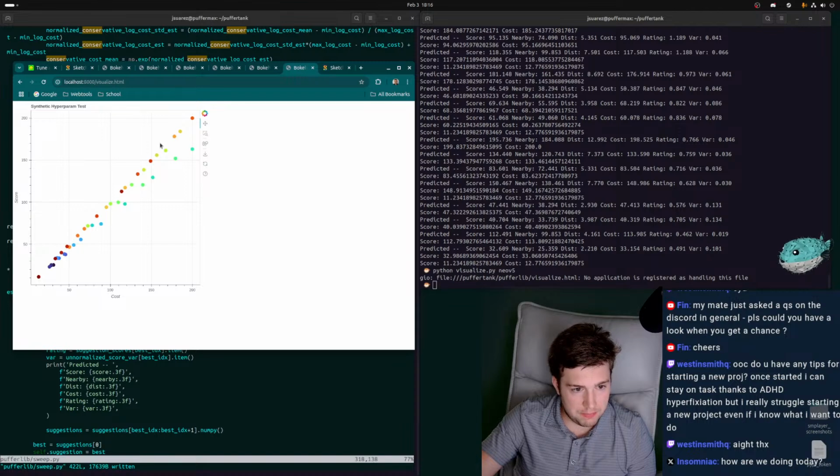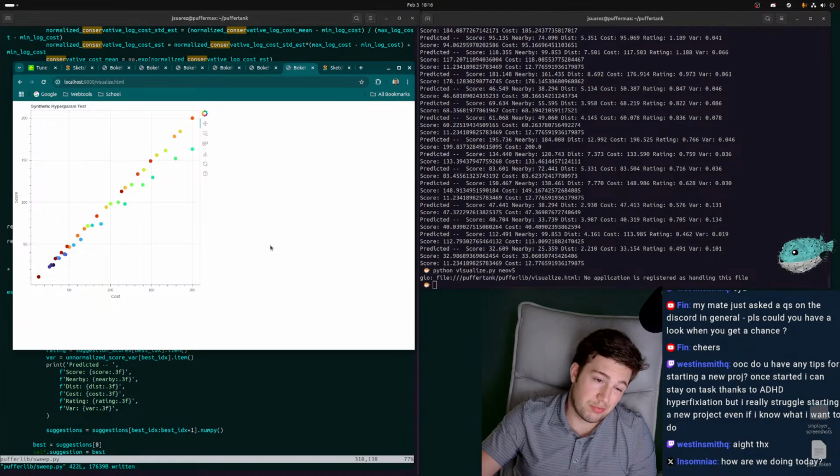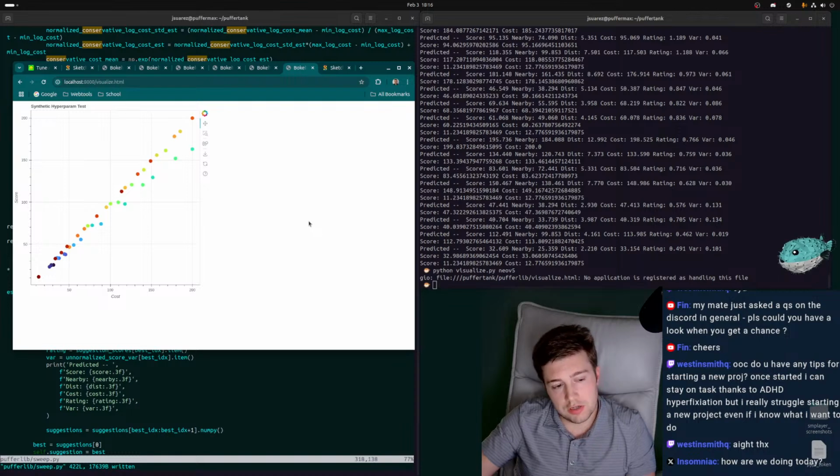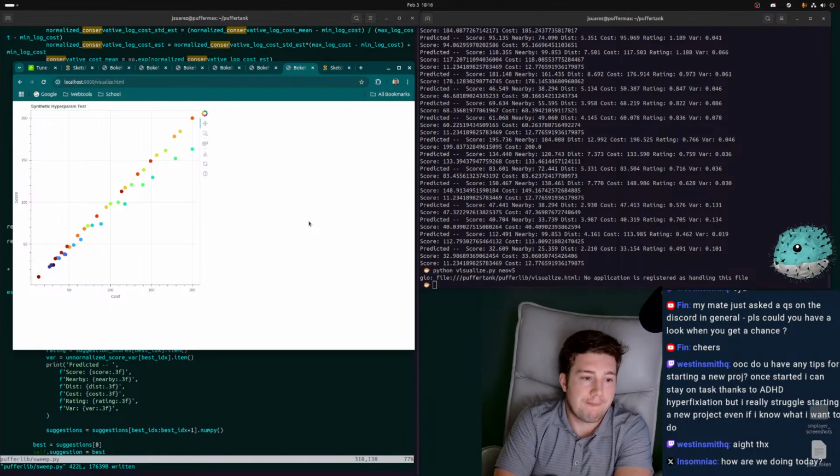Well, look at that. I mean, that's pretty good. It's definitely an improvement. It even goes back and runs some lower cost experiments.